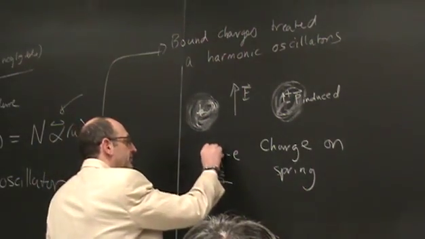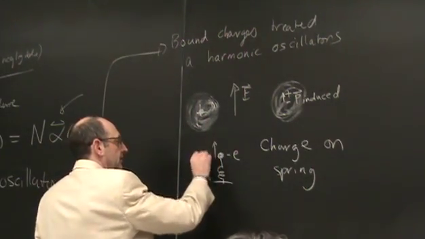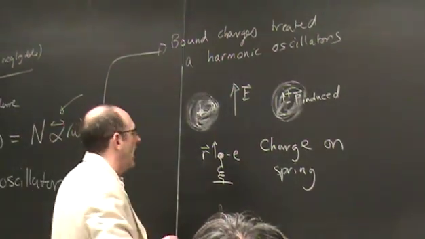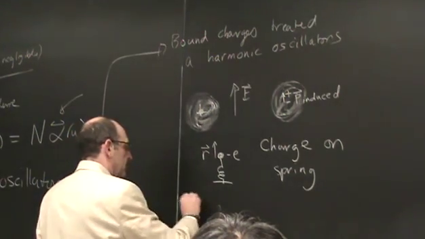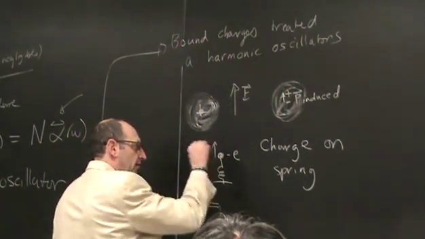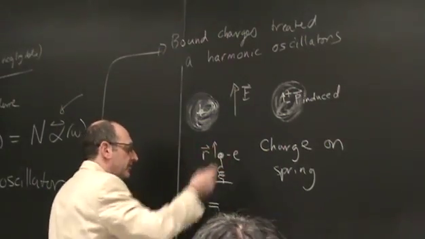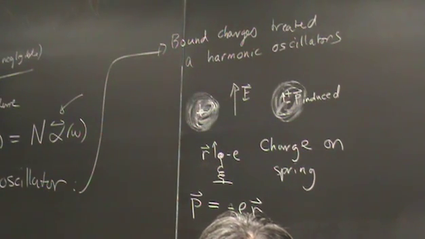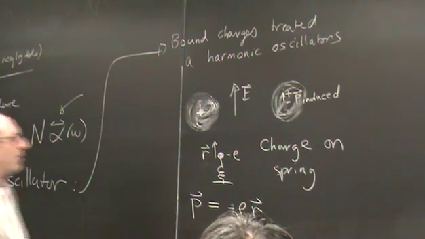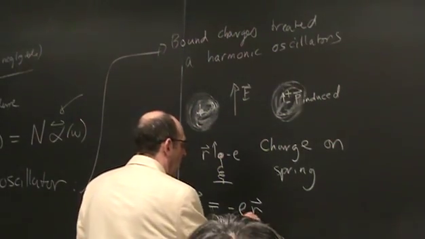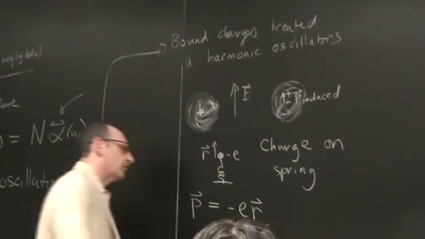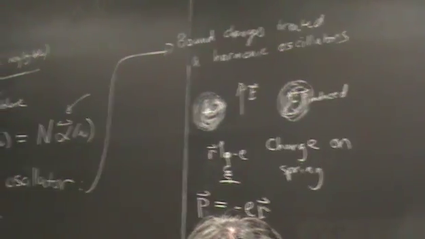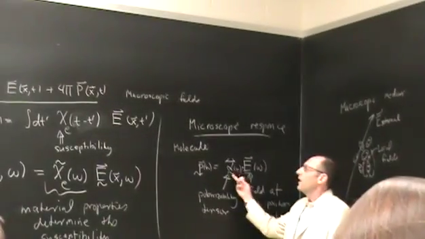So there's some displacement from its equilibrium position, and the dipole moment of this single electron bound system is minus e times its displacement. The goal then is to determine how much displacement we get from equilibrium when we apply an external field, and then from that determine what the polarizability is.